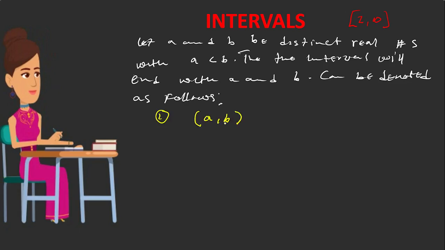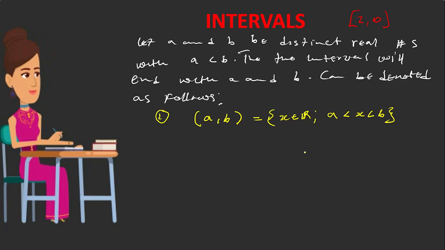In such an interval notation, this simply means that X is a member of real numbers such that this X is between A and B, knowing that X is just a real number. When you say a real number, you're simply talking about any number in the universe.